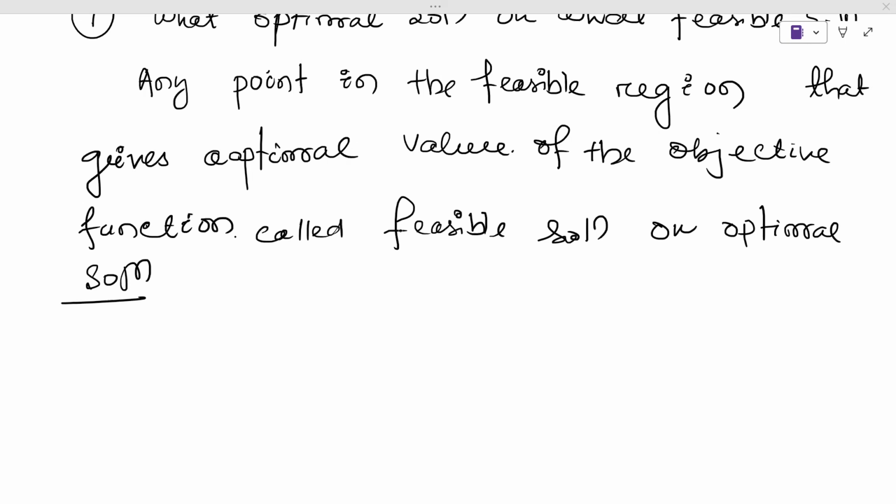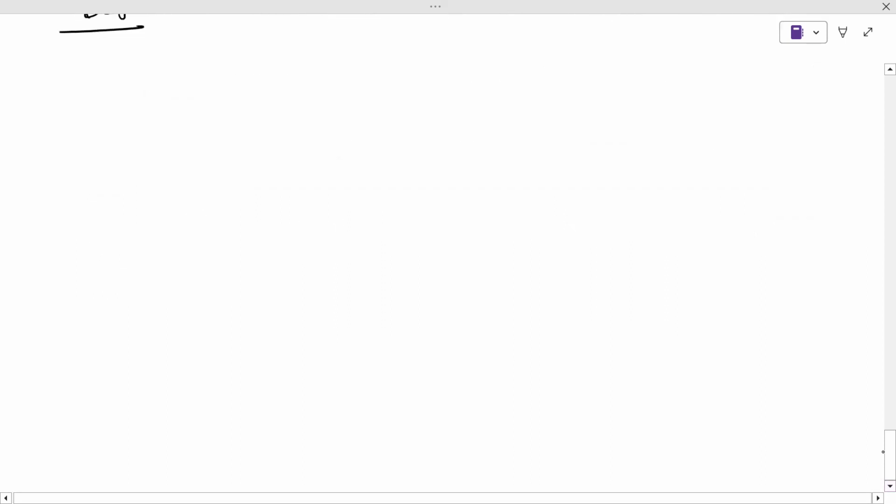Solve the following linear programming problem graphically. One example here.